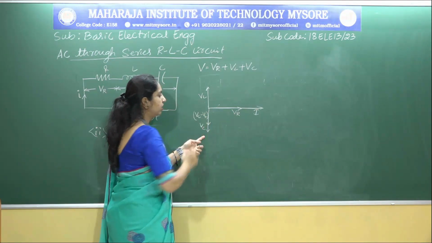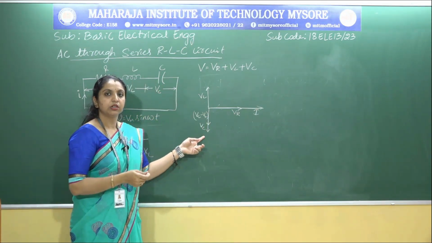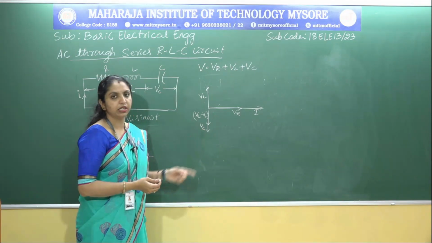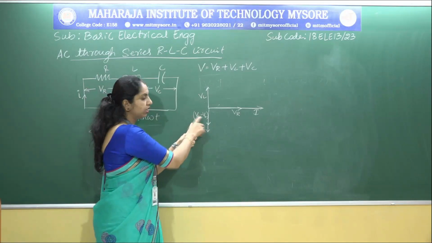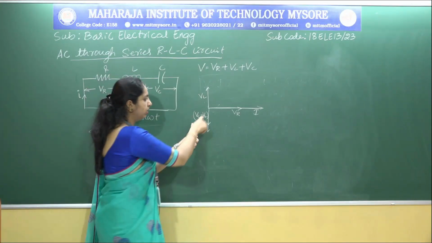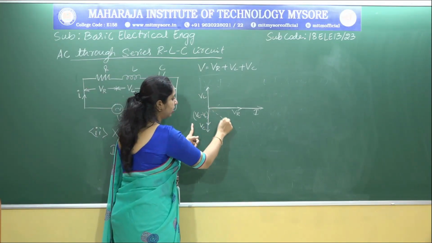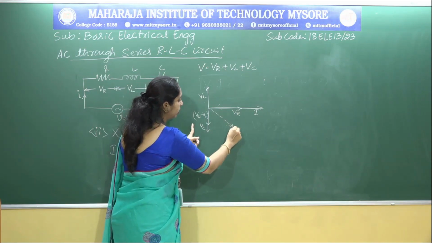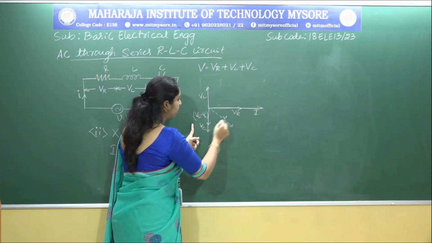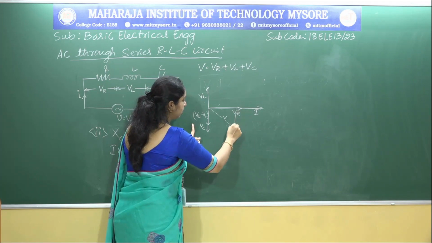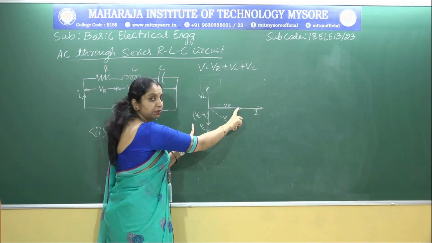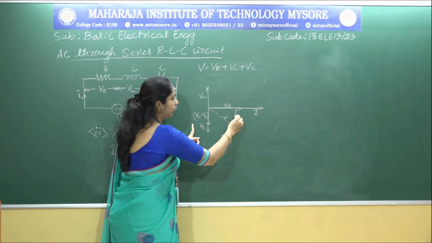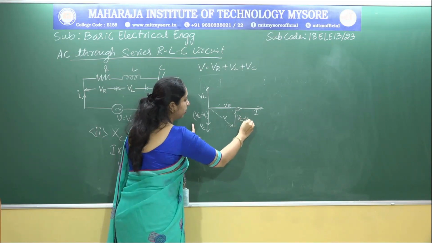In the earlier case it was VL minus VC, but in this case, since VC is greater than VL, we have taken VC minus VL in this direction. And where is the resultant? The resultant voltage is here, that is V. So this is VR and this is V, and since this portion is the same as that portion, this is VC minus VL.